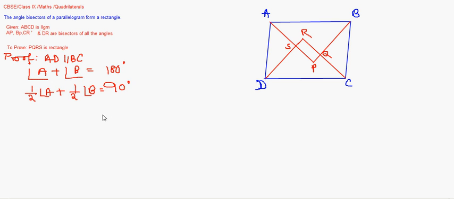Now half of angle A is this one, plus half of angle B is this one, that is angle BAP and ABP, and that makes it 90 degrees. This is one equation.